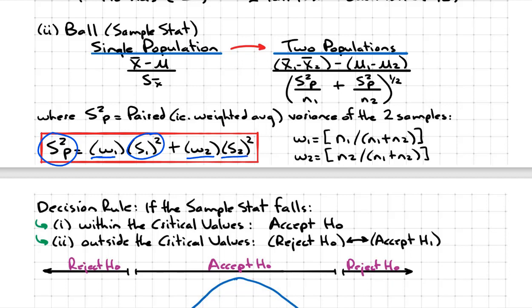And how do you find these weights? It's basically the size of the first sample divided by the total of both samples. And same thing with weight 2. You look at the size of the second sample and you divide it by the total number of observations of both samples.